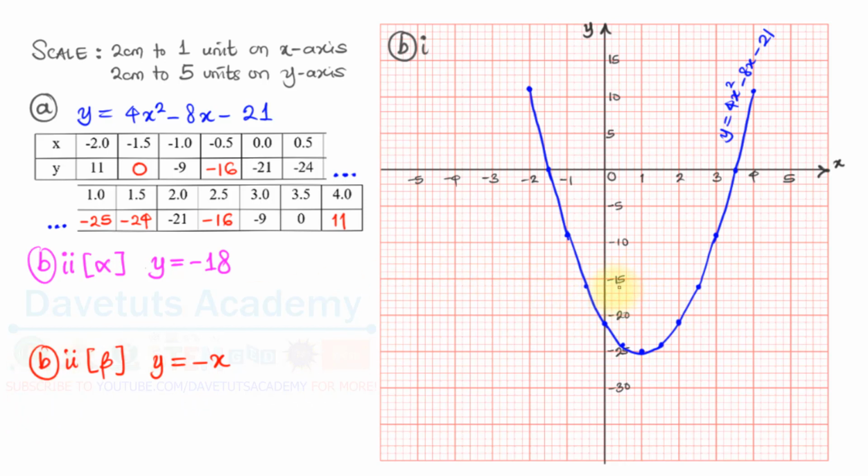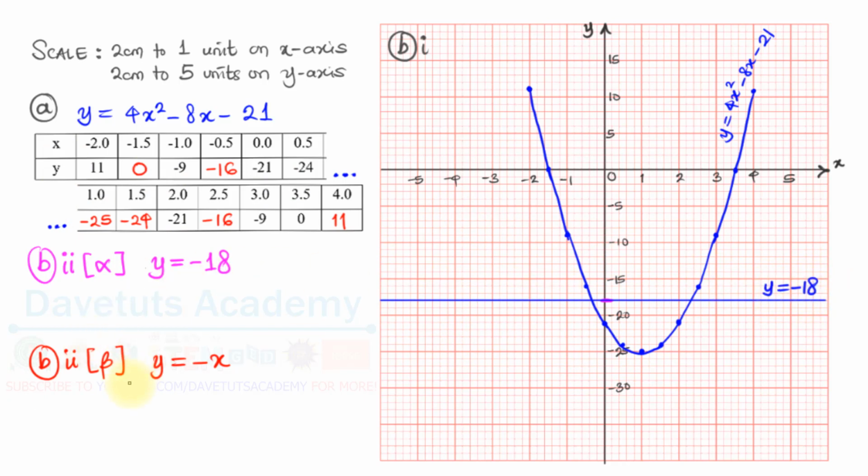So minus 15, minus 16, minus 17, minus 18 is going to be here. So this is y is equal to minus 18.